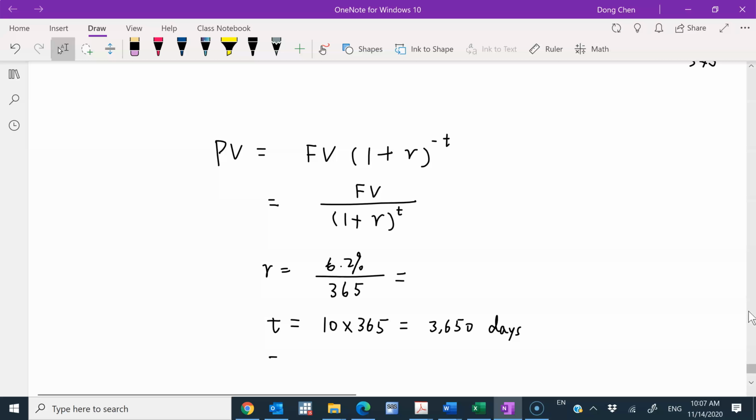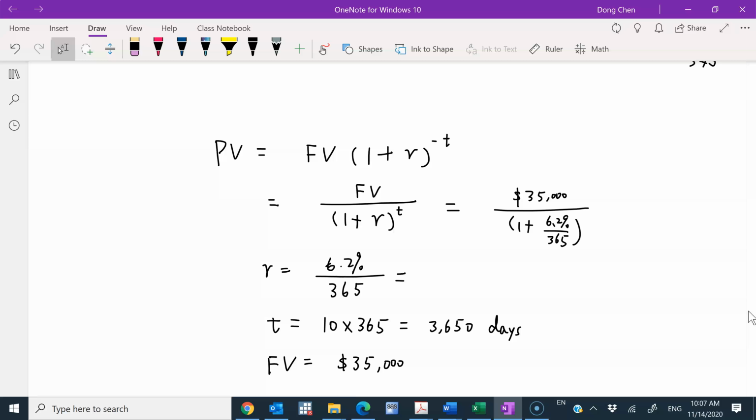And FV is 35,000. So then this will equal 35,000 divided by 1 plus 6.2% divided by 365, raised to the power of 3,650.